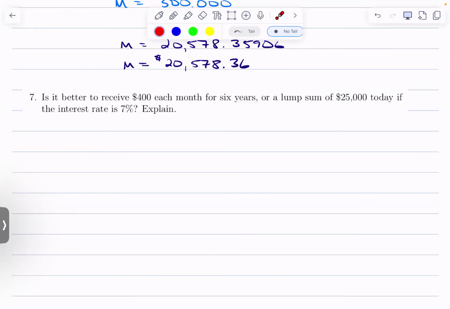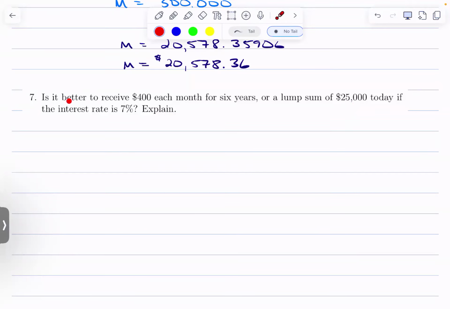But that's the time value of money. How about this one? Is it better to receive $400 each month for 6 years or a lump sum of $25,000 today if the interest rate is 7%? And then explain.